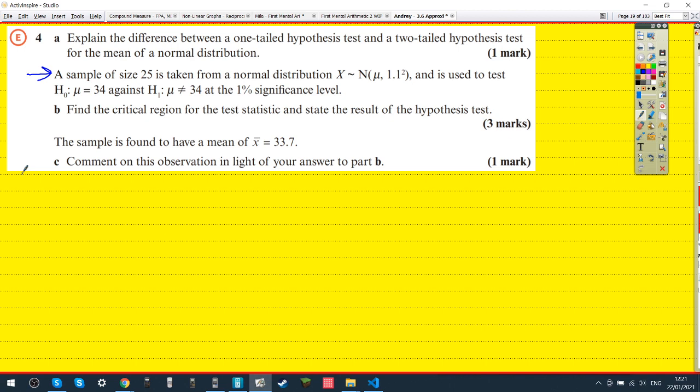Okay. So do we go to our calculator again? Yep. And so is it going to be normal distribution? Yep.